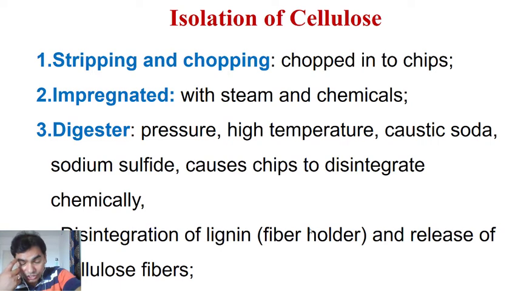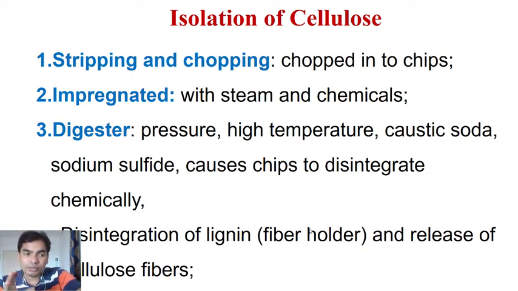Just like in starch processing, in a similar way, a little bit different, we also follow for cellulose isolation. First we have to take the wood, then strip and chop the wood, then impregnate it with steam and many different kinds of chemicals. Then we digest the impregnated wood by pressure, high temperature, caustic soda and sodium sulfide, right?